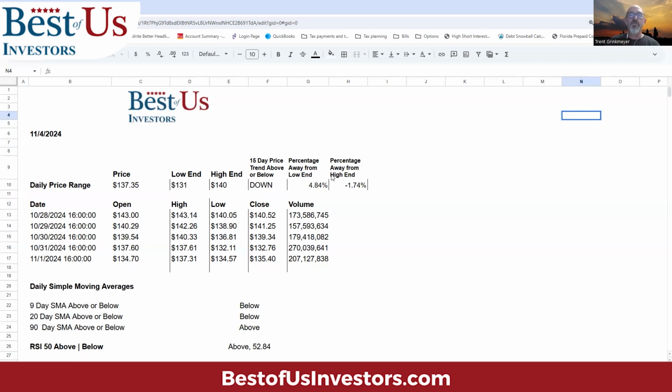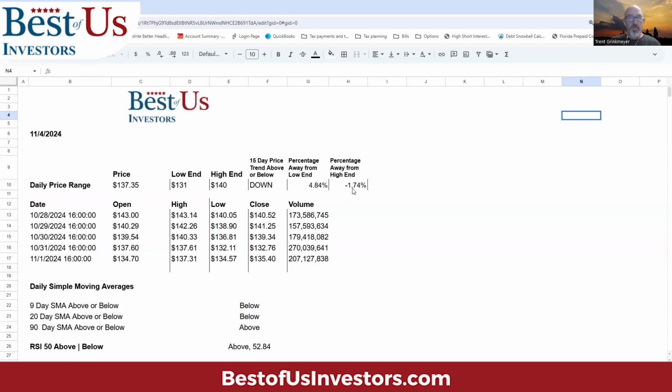On the upside, the percentage away from the high end, it's below the high end by negative 1.74%. So at 137.35, the price is just 1.74% below the $140 high end that we have projected.